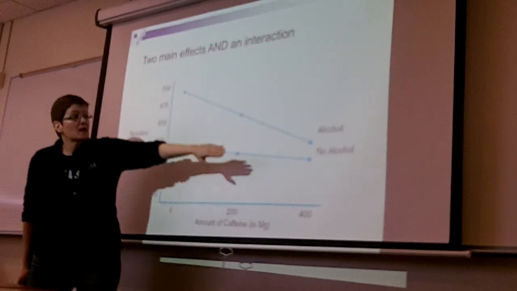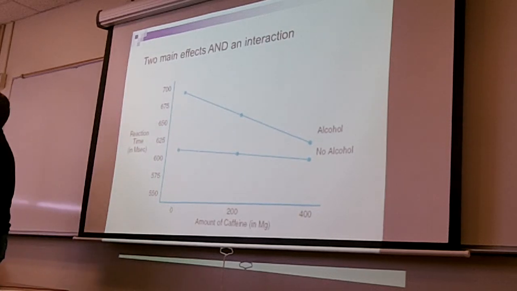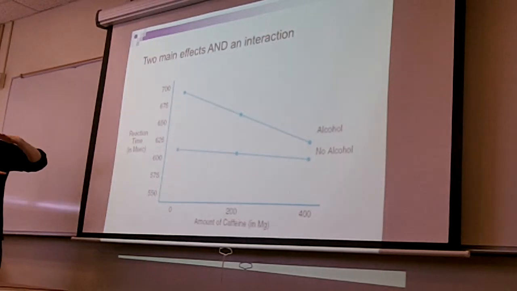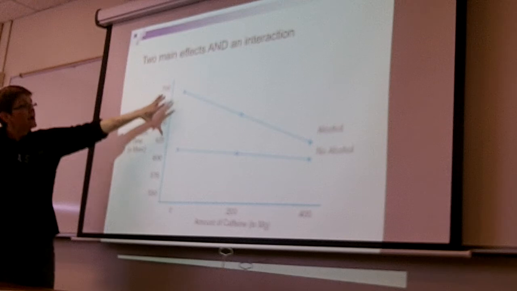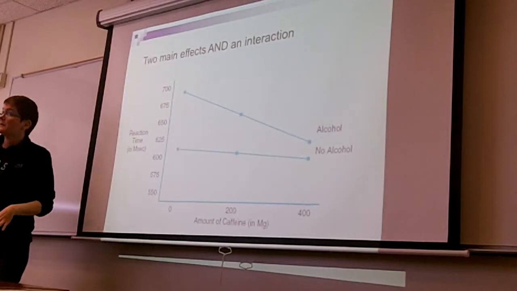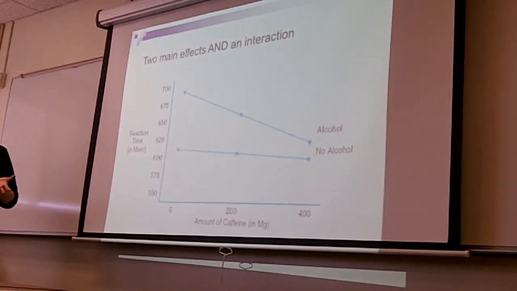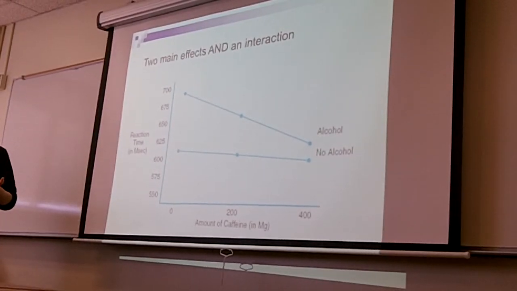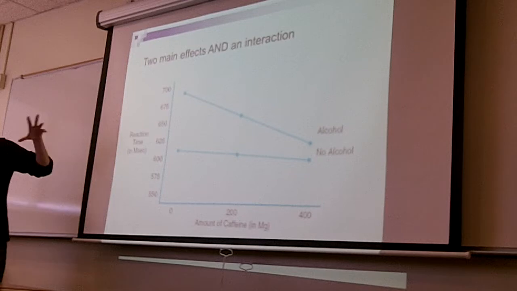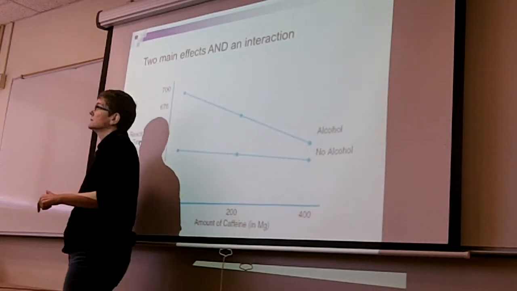Ash told you that when you're talking about whatever IV is there on the legend, you look to see how far apart the bars are, how far apart the lines are. And here you can see, well, they're not very far apart here, they're definitely very far apart there. And that suggests that you might have that main effect of alcohol. But what makes this graph really different from the one we saw before is that now, rather than the lines being parallel, they're very clearly moving towards each other.